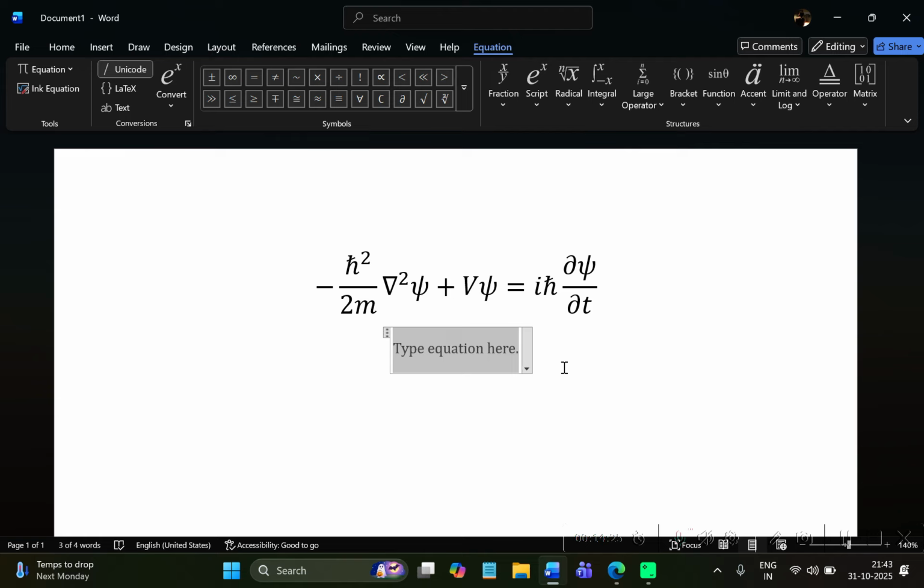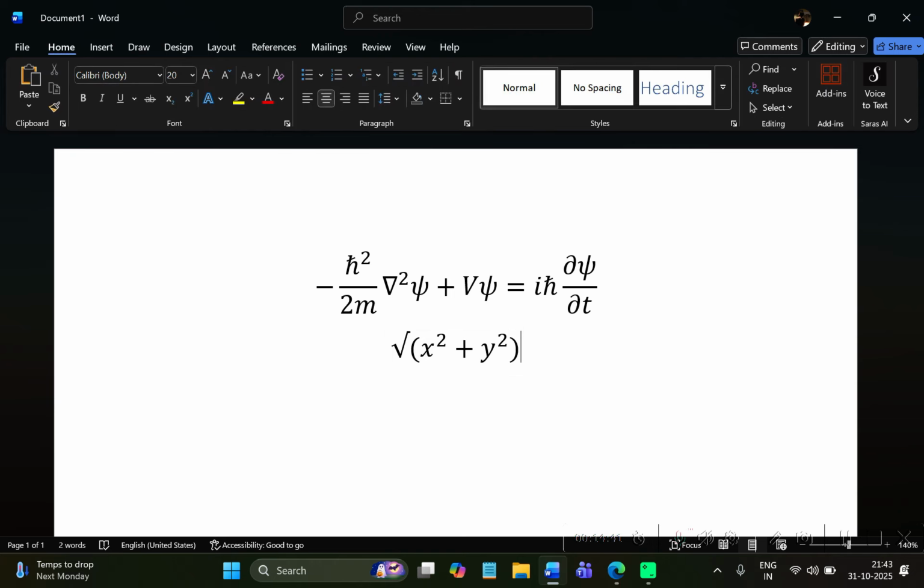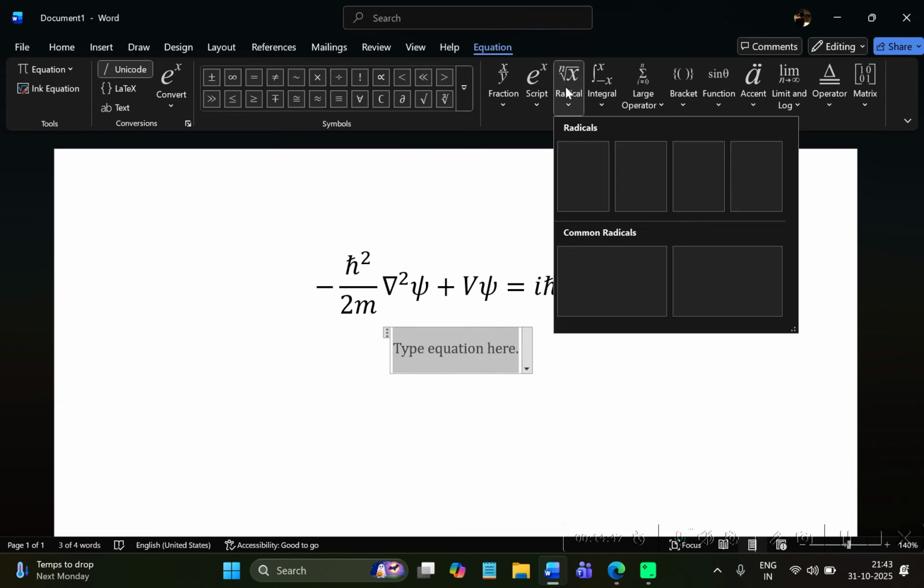For square root, it's a bit complicated. Sqrt works, but it's like this. For instance, write square root of x square plus y square, and it doesn't look good. What you actually want is, under the equation tab, this radical.